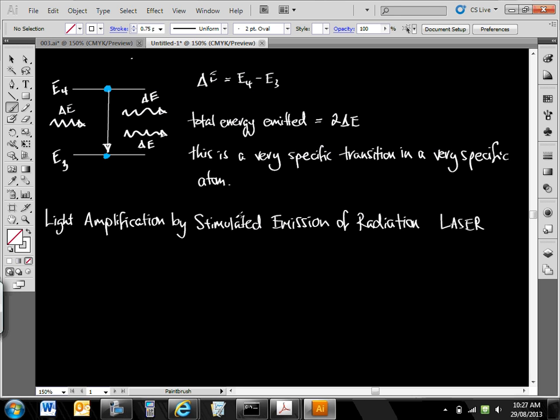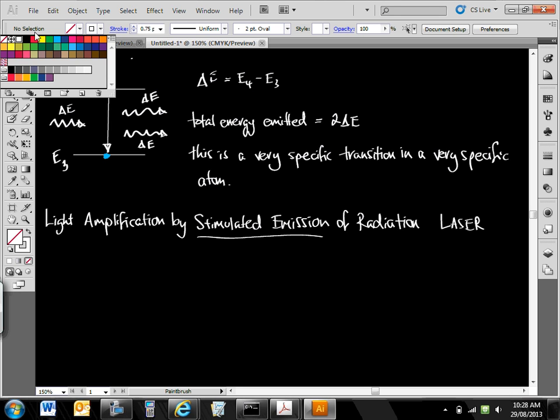We call this stimulated emission. We have stimulated this atom to emit radiation. And I wrote this in a different color here.